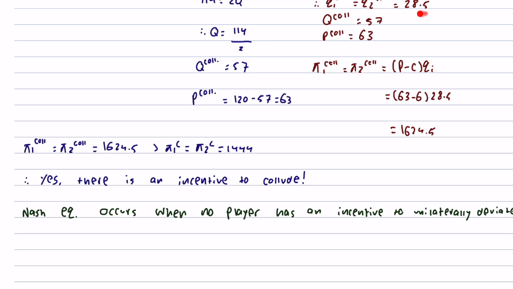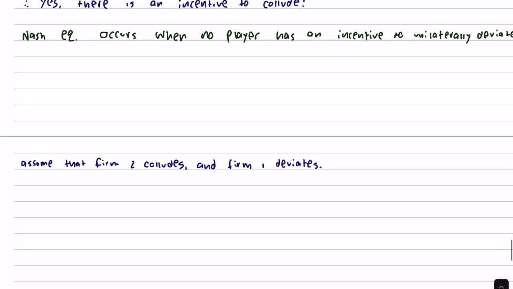We just solved this in the monopoly case, so Q2 is going to be equal to 28.5. To find Q1, we have to sub Q2 equal 28.5 into BRF1.